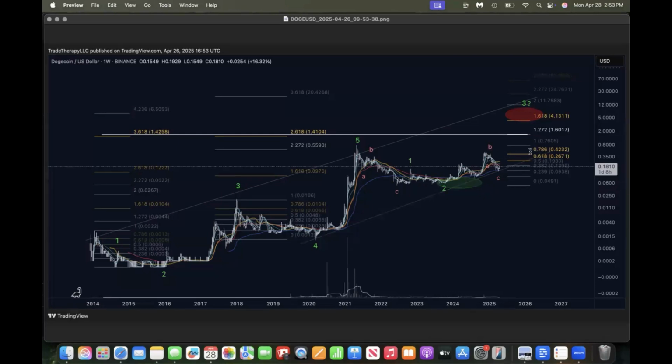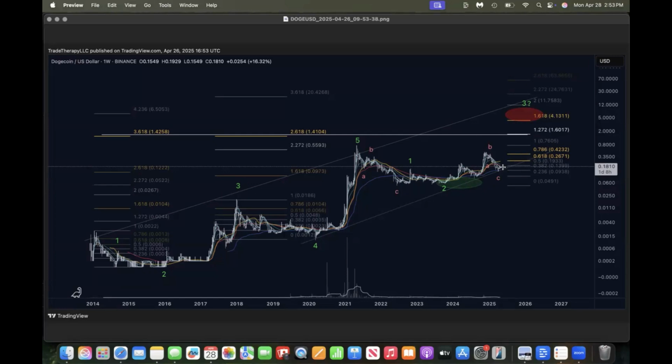We only got up to the 786 right here before we back tested down to the longer term moving average, the 200 weekly exponential moving average right here. The last cycle in wave three got up to a 1272 extension before it back tested.